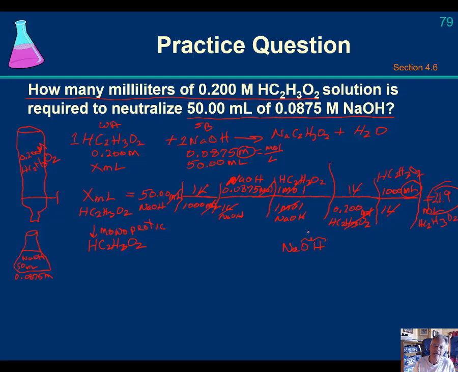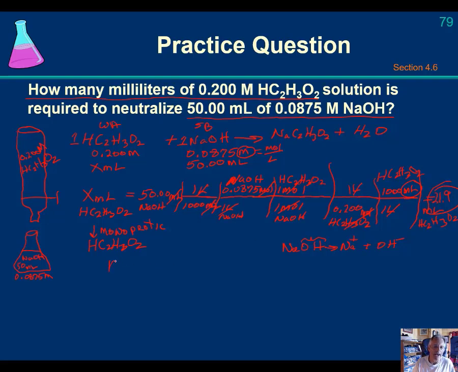And that answer is 1. So if this were to dissociate, it would dissociate into 1 mole of sodium cation, 1 mole of hydroxide ion.